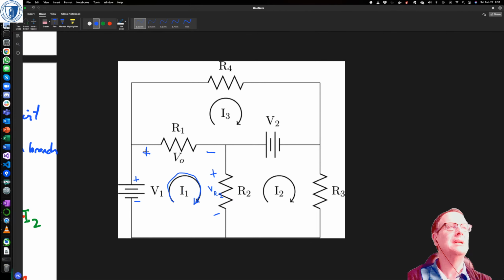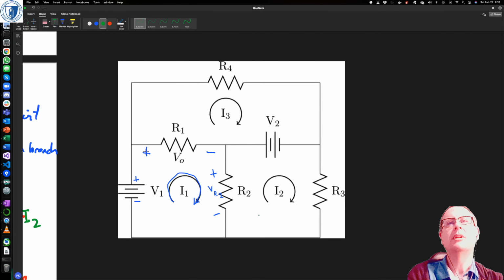So you've got to be a little bit careful to distinguish the polarity of VR1 from the polarity of Vout. It could be that Vout is the negative of VR1 if VR1 polarities are chosen differently from the polarities of Vout. Okay, that was I1. I2, right?